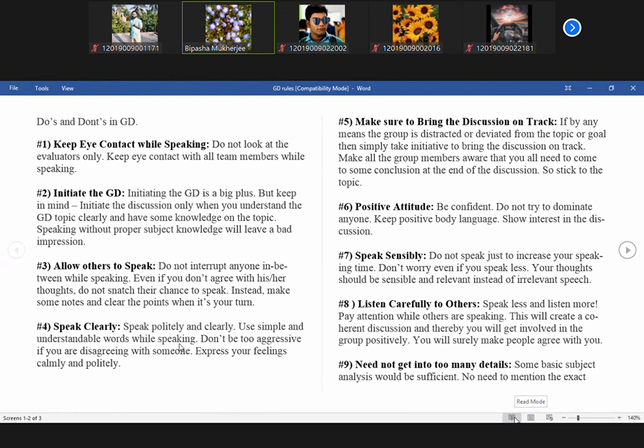avoid haphazardness. Generally a GD happens in a round table format. In the first iteration, you are supposed to introduce yourself. If you are starting, start with a positive attitude, and do not go off the track. Even if you are very good at speaking English, do not say anything illogical. Then you pass it to the next person, and everyone should speak.